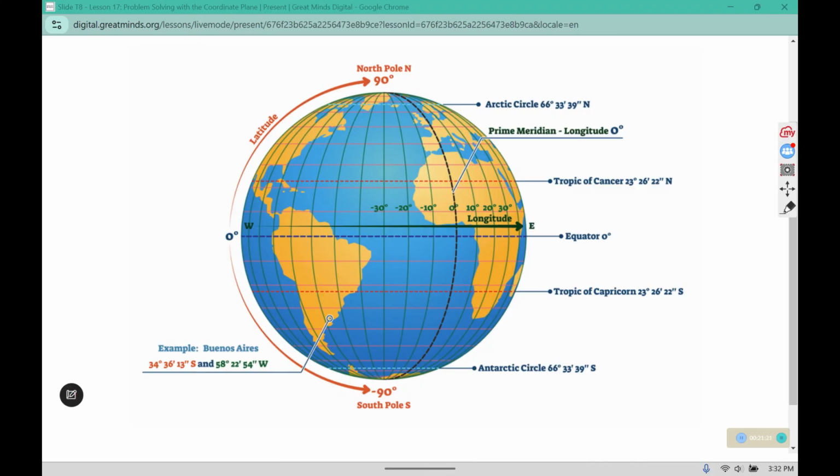Where else might you see opposites here? You can see the Arctic Circle and the Antarctic Circle as 66 and 66, but this one has the N for north and the S for south.